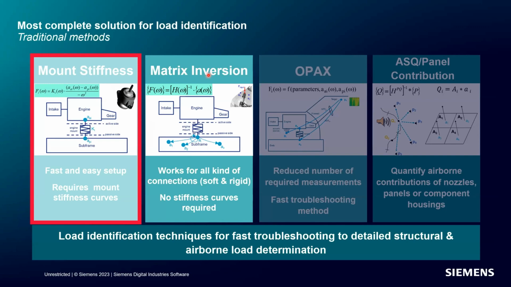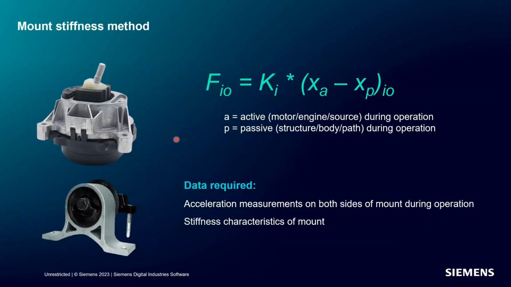I'll explain these two. With the mount here, we have a rubber isolator, and we can typically measure acceleration easily with accelerometers on both sides of the mount: on the active side, which is A here, and on the passive side, close to the structure.